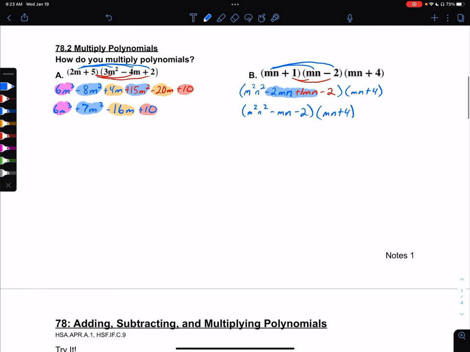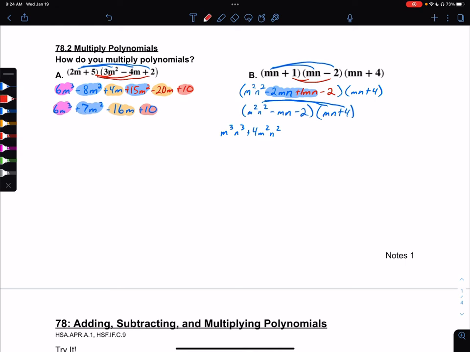Just make sure you multiply all your terms. So I'm going to take this m squared n squared and distribute it to each of those. So m squared n squared times mn, add the exponents, so we get m cubed n cubed. m squared n squared times 4 will just be positive 4m squared n squared.